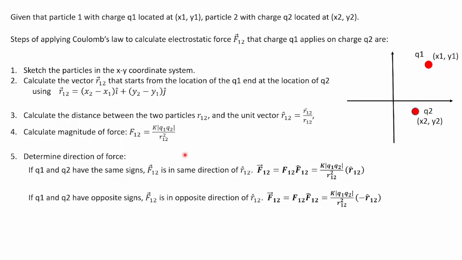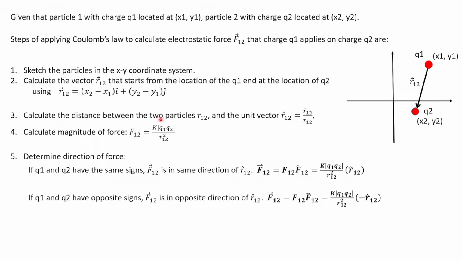Once we sketch the problem, we can find the vector that starts from the location of Q1 and ends at the location of Q2. This vector is denoted as R12.